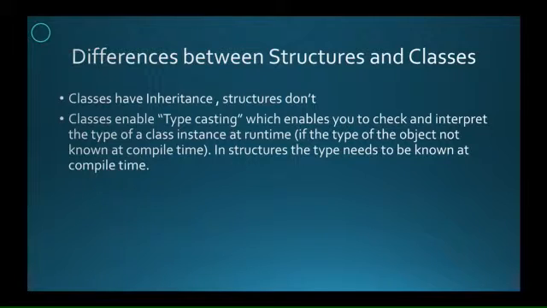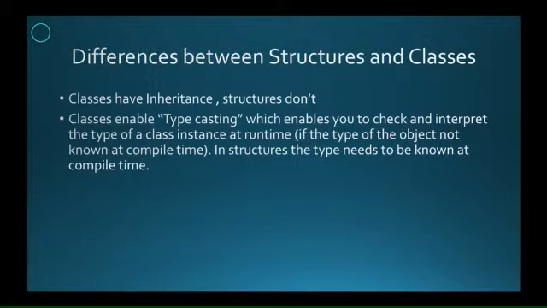Now, the second point I'm trying to make here is that sometimes the type of the object or the class is not known at compile time. With classes, this is possible. You don't need to know the type of the object at compile time. You can determine the type of the object at runtime.